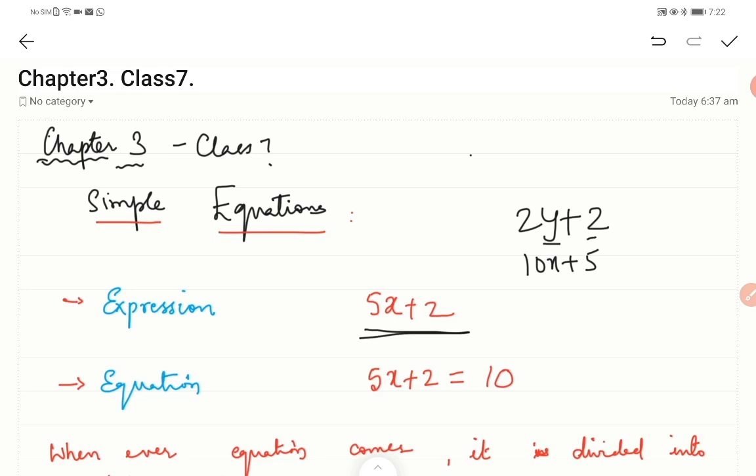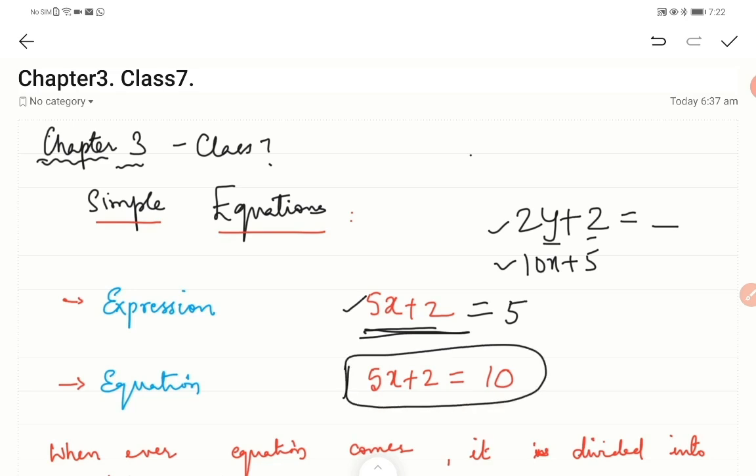Okay, of this sort, but in which you don't have equal to something. Okay, so that kind of things we call them as expressions. Okay, if you get equal to, you call it an equation. Okay, so in this form you'll have equations.